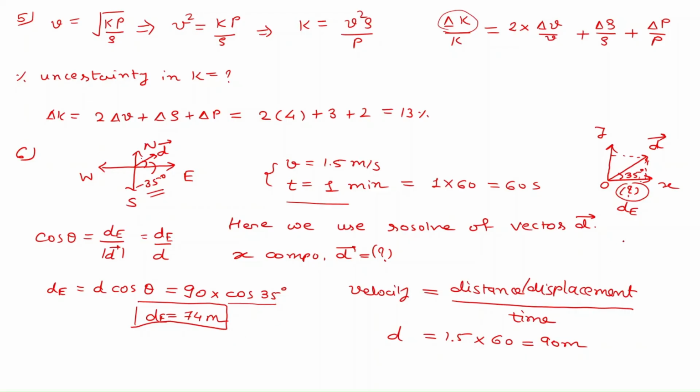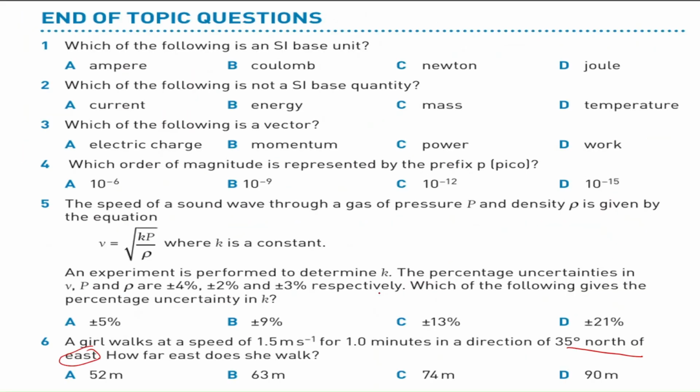So the value of DE means the east direction she walked.